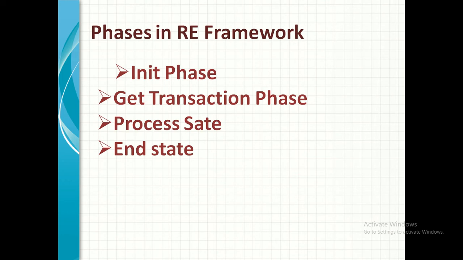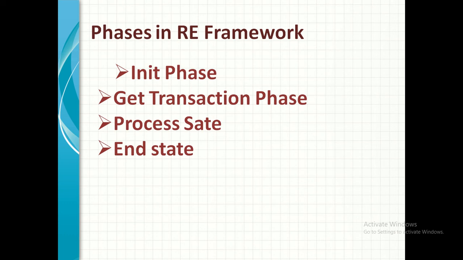In one line, in the init phase we are going to initialize the applications and the config file. Now don't worry about what the config file is, etc. We are just going to initialize the applications or related things, right? We'll see when we go to hands-on.